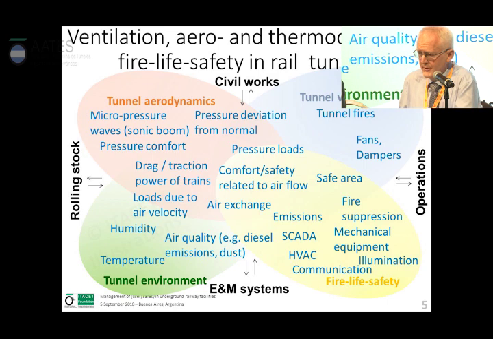It's as well part of fire life safety aspects, controlling the air velocities and so on. So the purpose of this illustration is to show that you cannot look at ventilation only or at fire life safety only. Many topics are connected, and in an urban metro system or in a high-speed railway system, you have to look at all these topics together and see that the interfaces are correct.